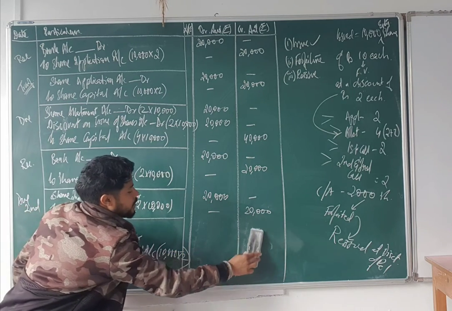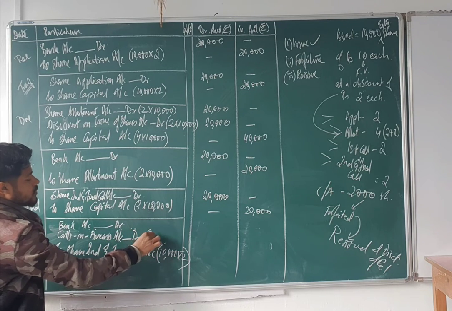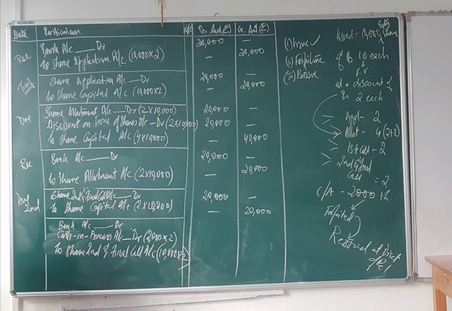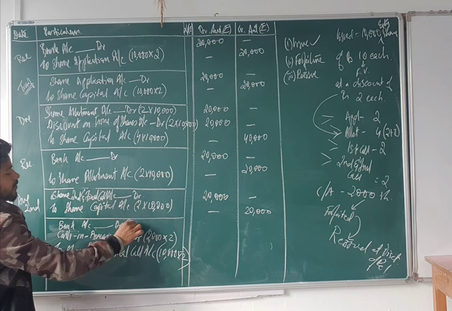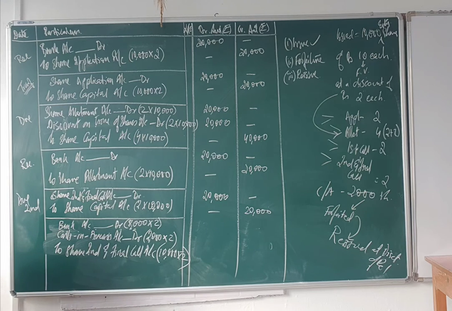Is it okay? Why so? Because there are calls-in-arrears on 2,000 shares at the rate of rupees 2. Am I clear? Hence, we can conclude from here that out of 10,000, 2,000 are calls-in-arrears. That means we will receive money only on 8,000 shares at the rate of rupees 2.